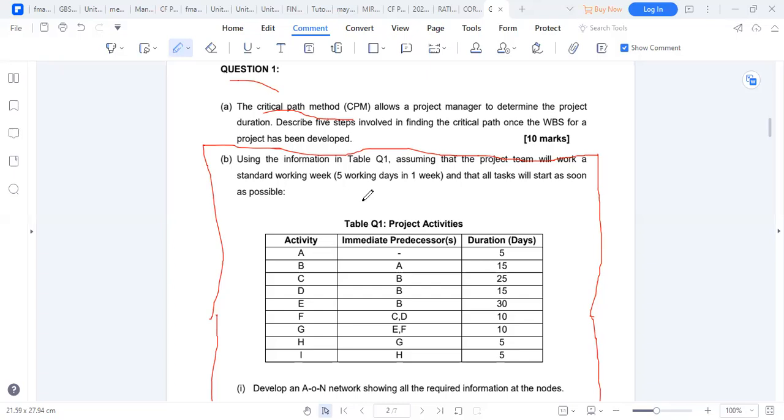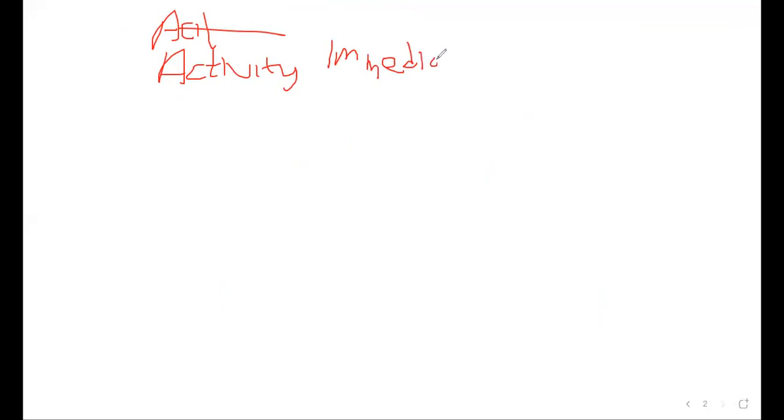All right, so we have the activity, the immediate predecessor, and then the duration here.